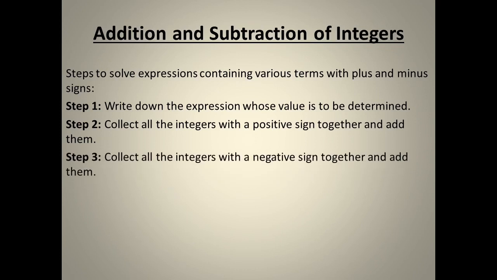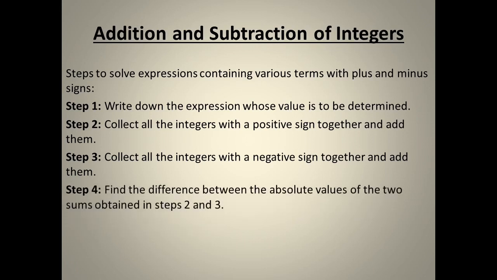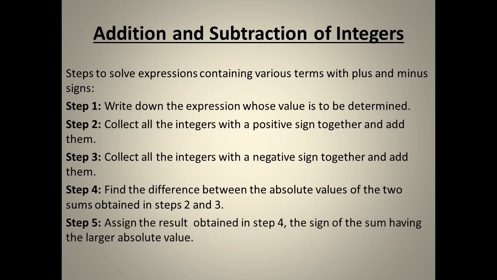Step number 3, collect all the integers with a negative sign together and add them. Then step number 4, find the difference between the absolute values of the two sums obtained in steps 2 and 3. And in step number 5, assign the result obtained in step 4 the sign of the sum having the larger absolute value.